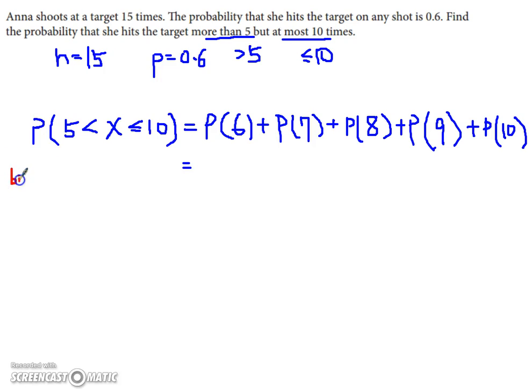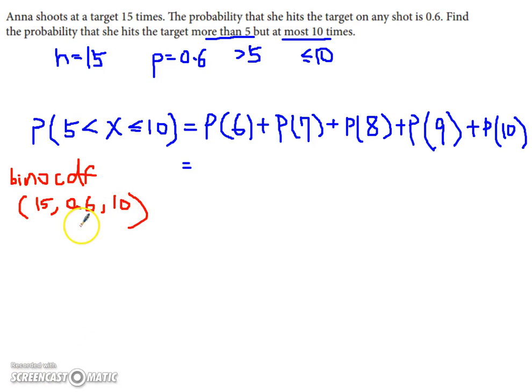If I do binocdf, the first value is the number of trials, that'll be 15, comma, my probability is 0.6, and then comma, and if I put all the way up to 10, this is the total sum of my probabilities up to 10, correct?